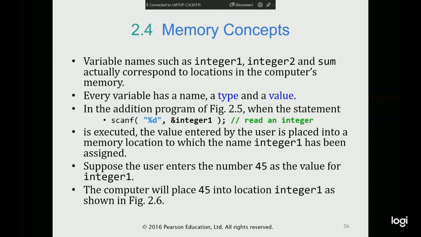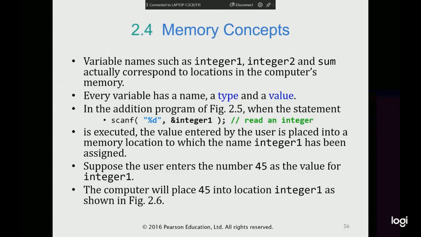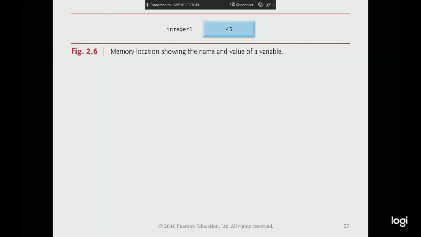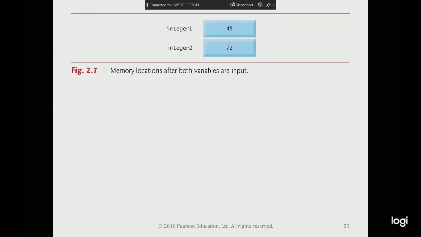When the first scanf line runs and integer 1 is input, the program takes the number input by the user and stores it at a certain memory location. Then when the scanf is run the second time, the second value entered is stored to integer 2 at the pre-assigned memory location.